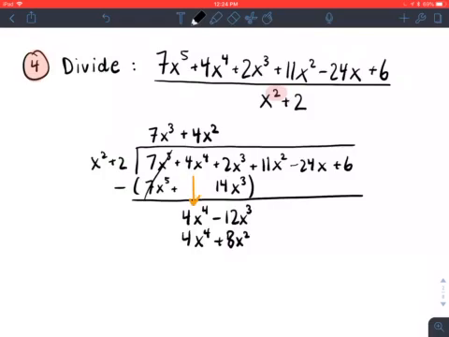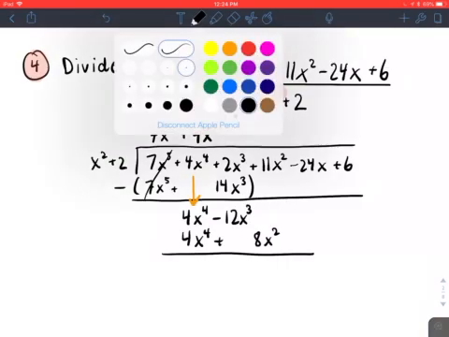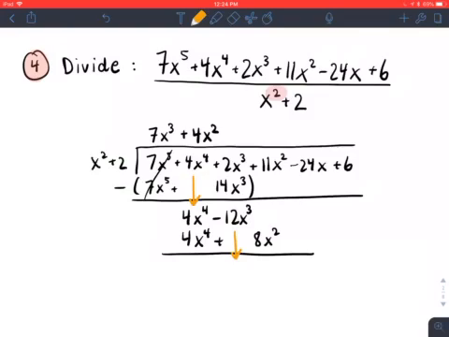Notice, however, that 8x squared is not a like term with negative 12x to the third. So actually, I will write it underneath the 11x squared. What this means is that this term will come straight down, and these two terms will be subtracted.